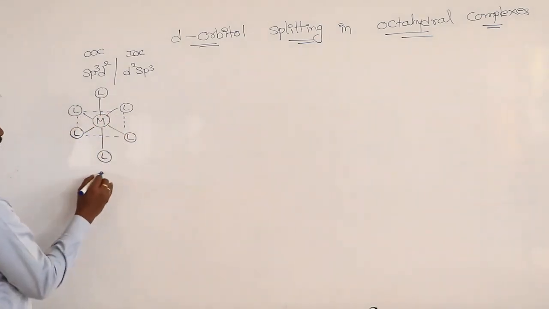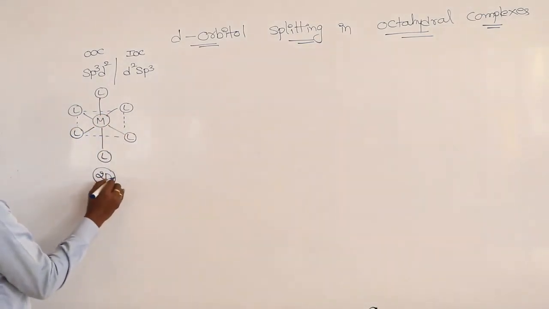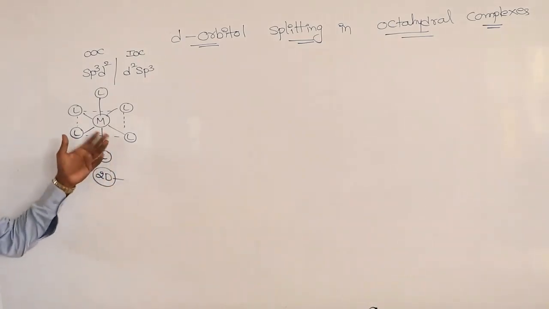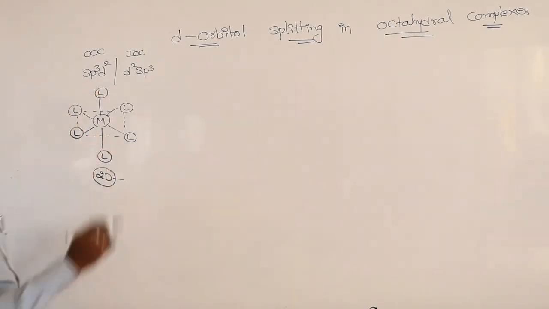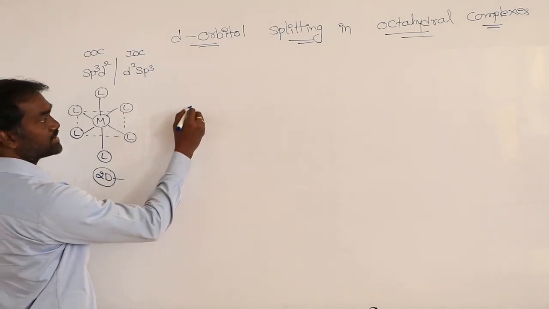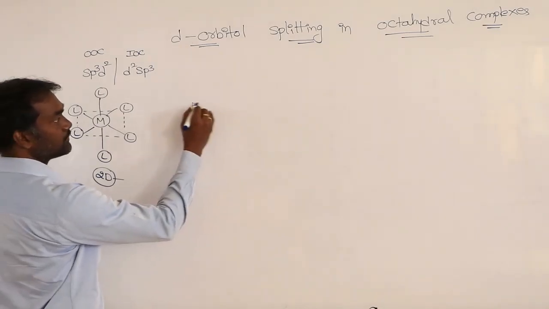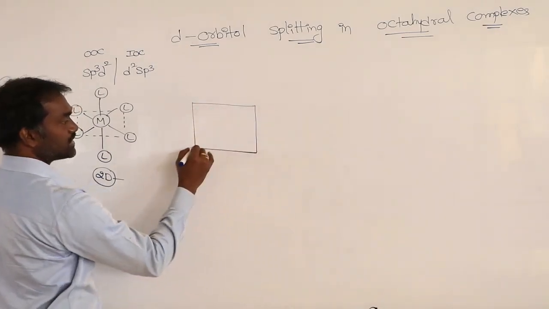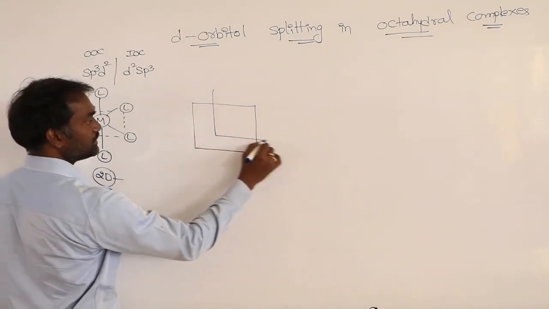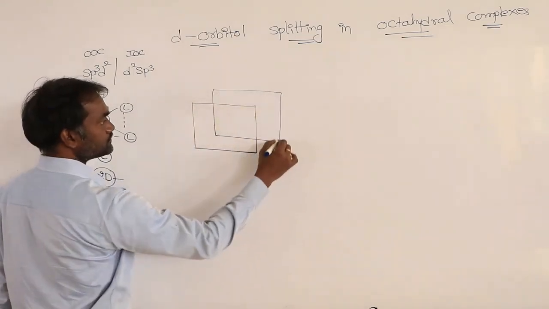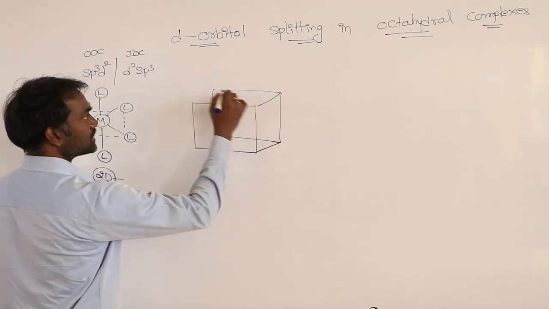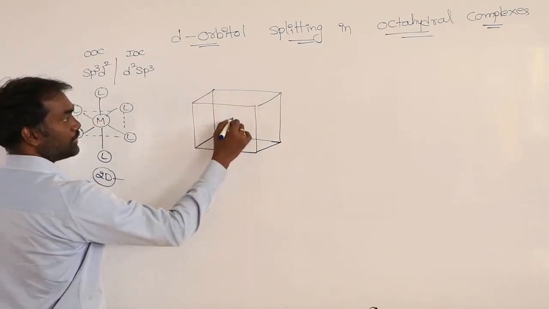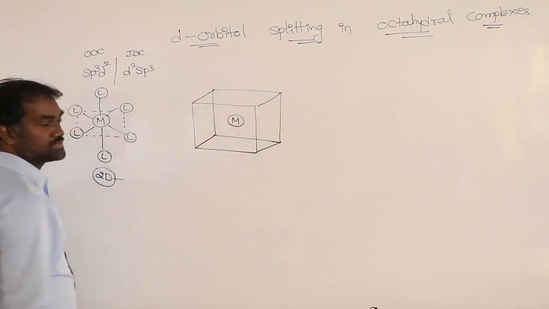This is a two-dimensional structure, so only x and y. Originally in three dimensions, how do we see it? Three-dimensional means you can take a cube, and in the middle of the cube, the metal is there.